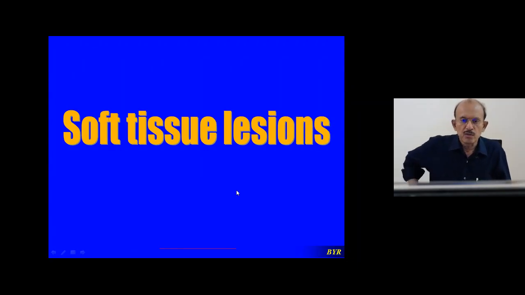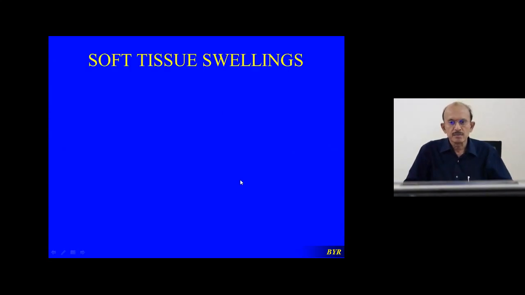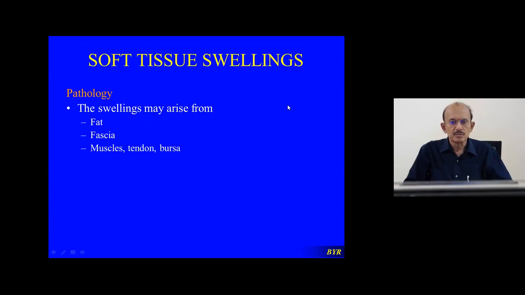So with this, we are going to complete the skin lesions. Now we'll discuss the soft tissue lesions. The swellings may arise from fat, fascia, muscles, tendon, bursa, nerves, blood vessels.